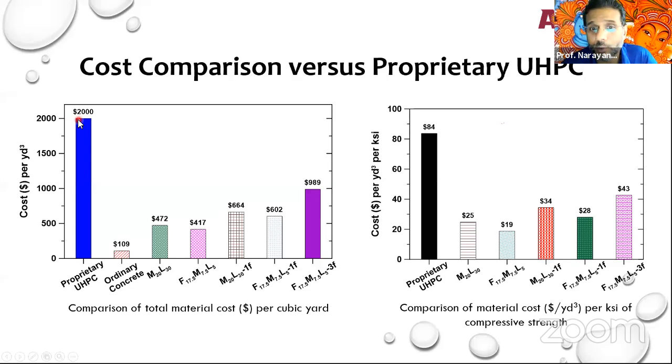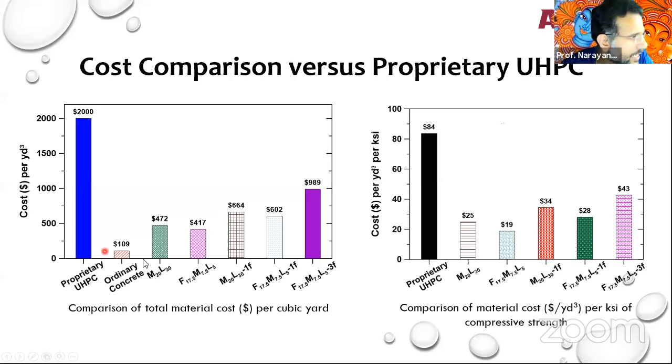If I have to buy UHPC from a company that sells it, that's $2,000 a cubic yard. Just to give you a point of reference, for a conventional concrete, if I want a 30, 40 megapascal concrete from a ready-mix plant, I pay $150 maximum. So I'm talking about 15 times the cost for UHPC.